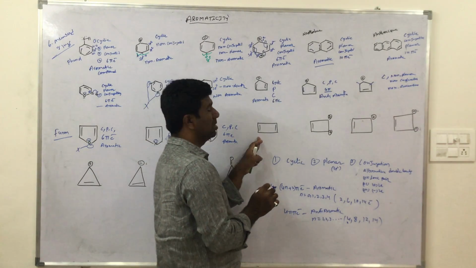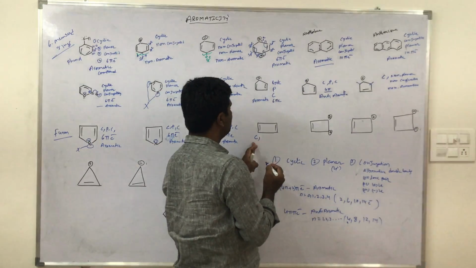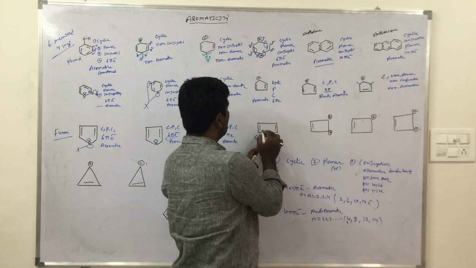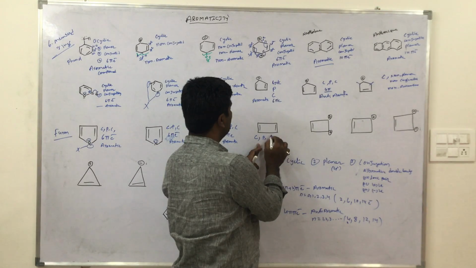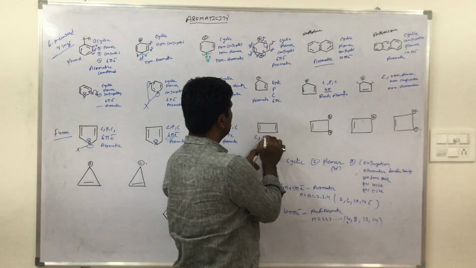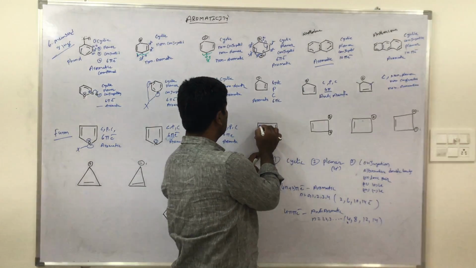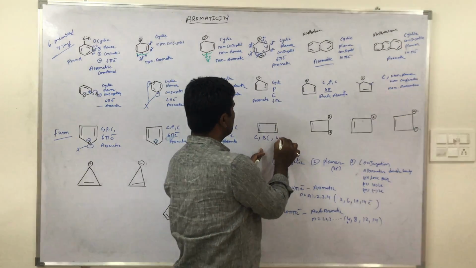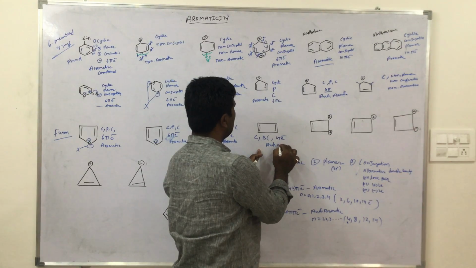See here this one, cyclic in nature, alternative double bonds is present and all carbons having sp2, that means planar, and conjugation is present. Then how many pi electrons are present? 1, 2, 3, 4. 4 pi electrons belongs to anti-aromatic.